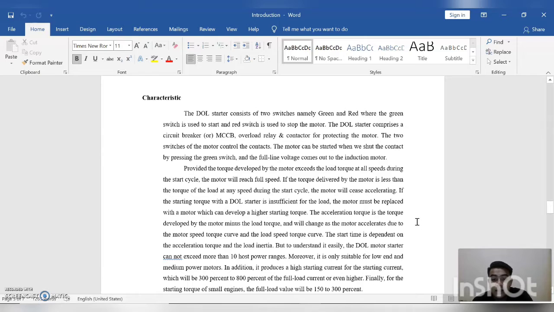The acceleration torque is the torque developed by the motor minus the load torque, and will change as the motor accelerates due to the motor speed torque curve and the load speed torque curve. The start time is dependent on the acceleration torque and the load inertia.